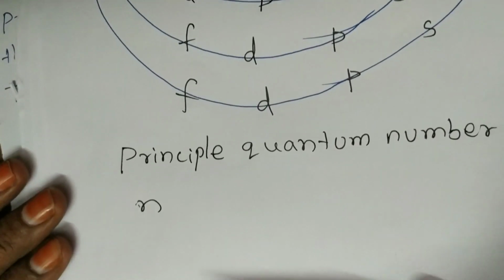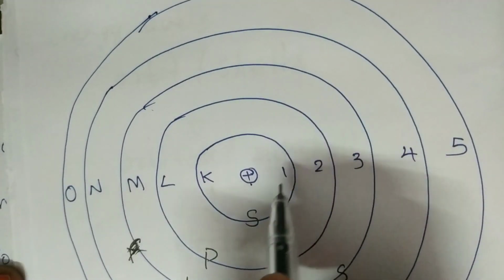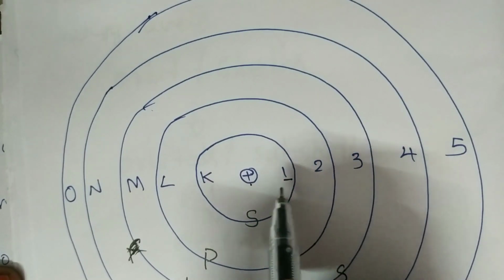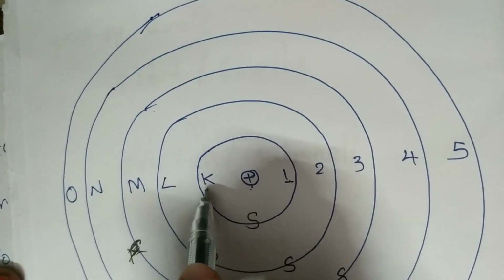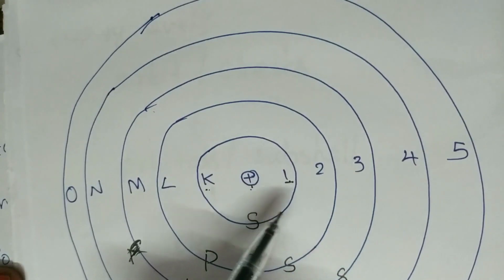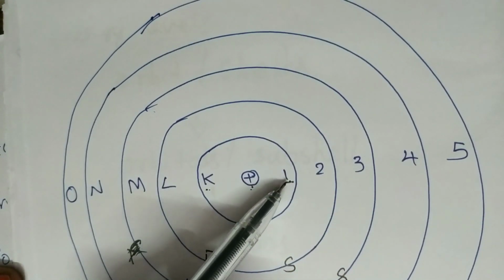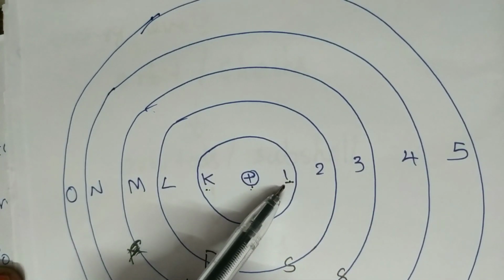Now you see the first shell is there. The nucleus is also called kernel in the Latin language, so that is the reason we started with the letter K first. And then here principal quantum number 1, so n is equal to the number of the shell.